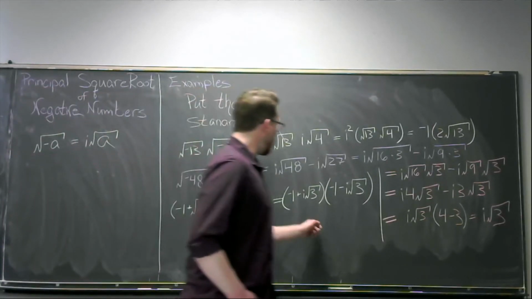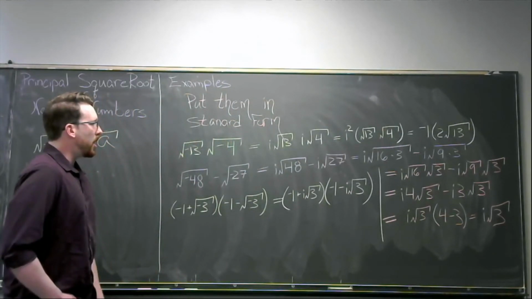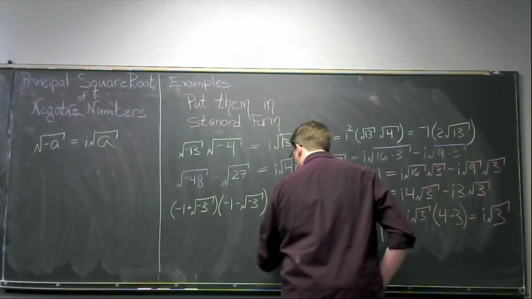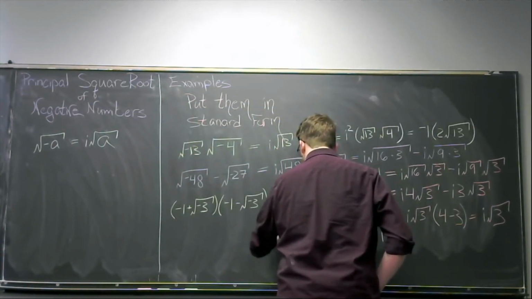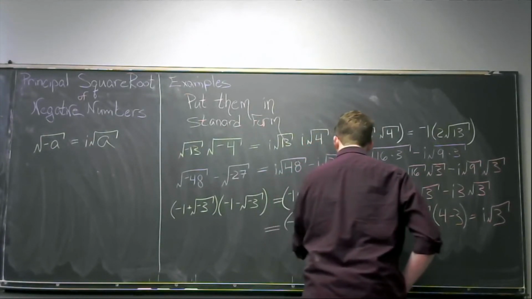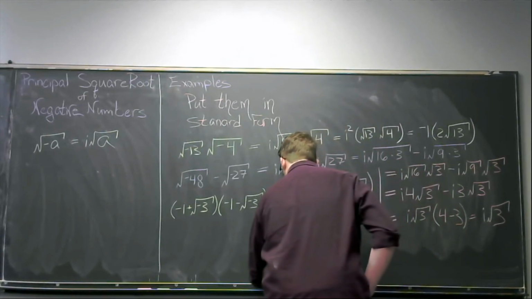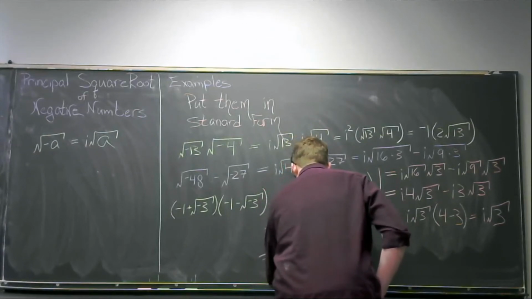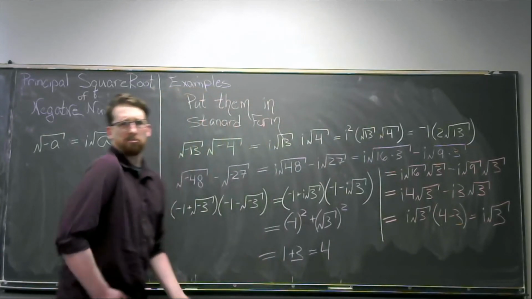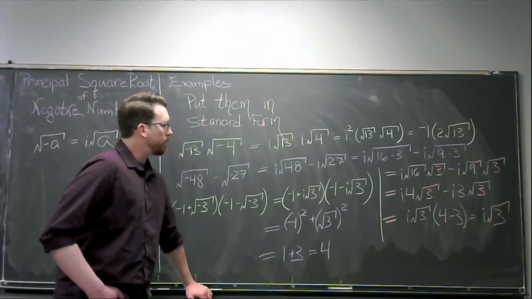These are complex conjugates. So what that means is that all this is going to be -1 squared plus the square root of 3 squared. Well, that's going to be 1 plus 3, or just 4. Cool. Well, that was convenient.